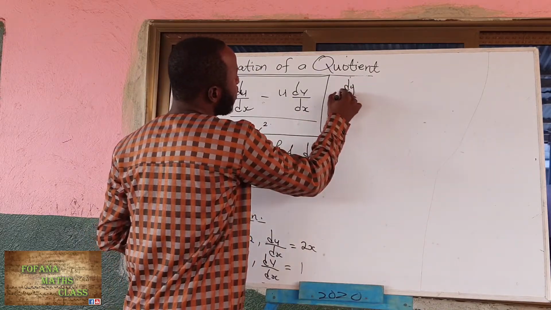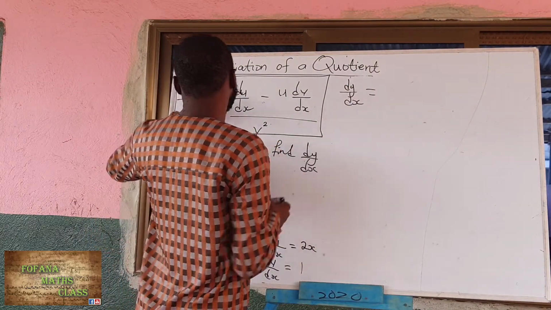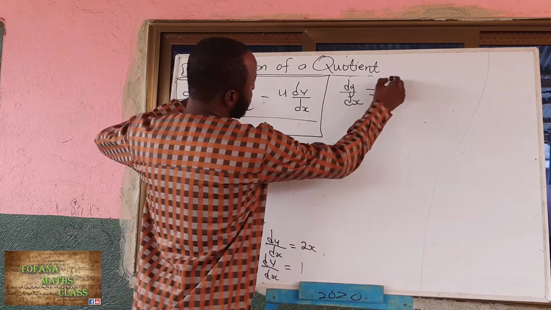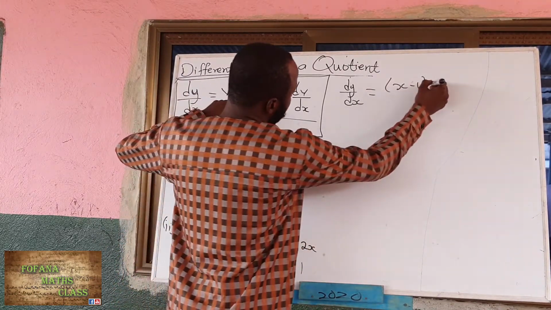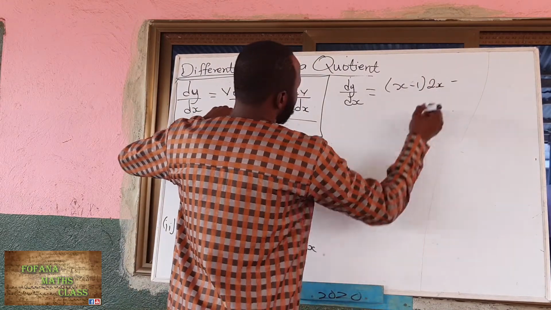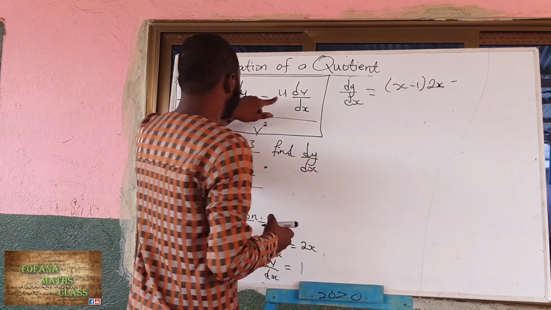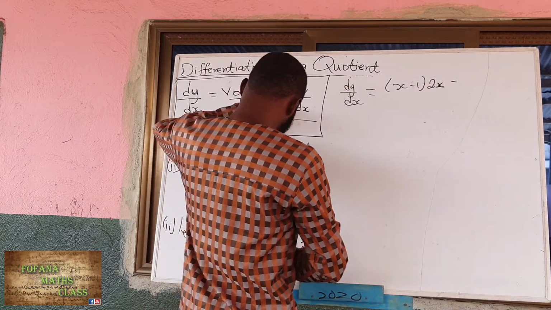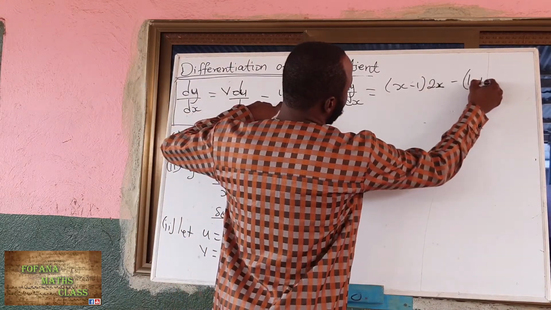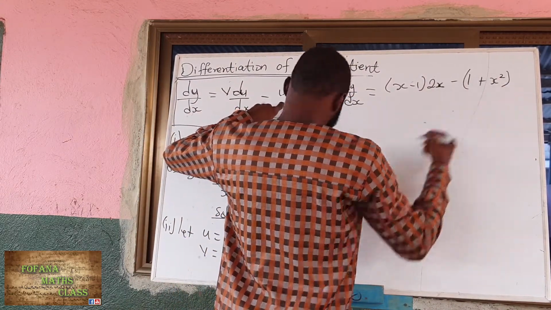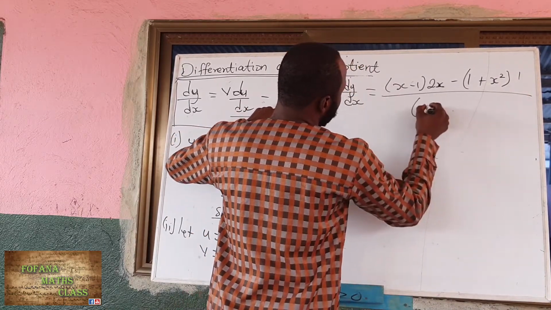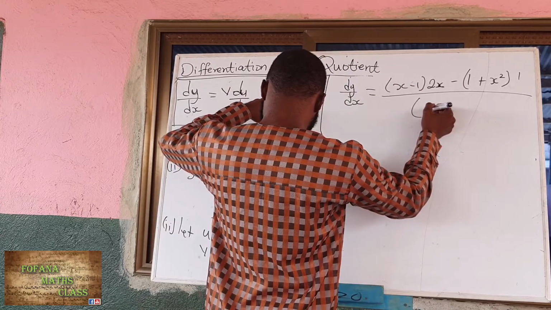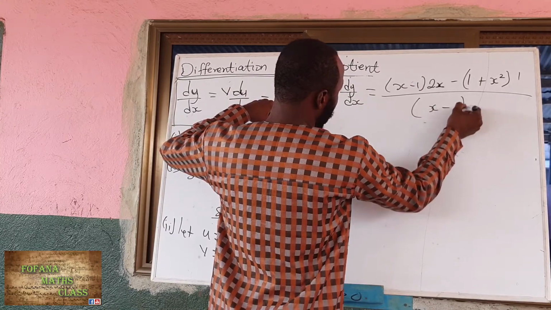So dy/dx equals v, which is x minus 1, times du/dx, which we obtained as 2x, minus u, which is 1 plus x squared, times dv/dx, which is 1, all over v squared. So v squared is x minus 1 squared.